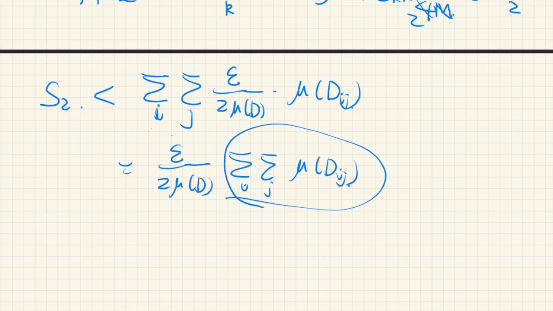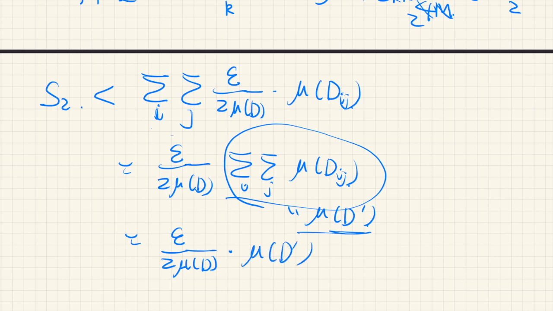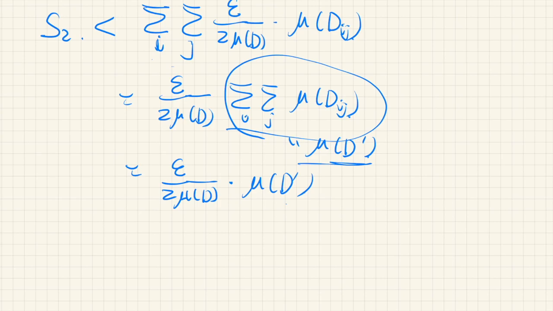So if we add all this, this is the area of d prime, right? So this is the area where S2 is defined. So this is epsilon over 2 mu d times mu of d prime. And of course, the area of d prime is less than or equal to the area of d, because d is a superset of d prime.